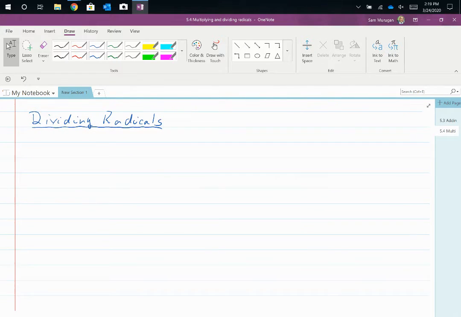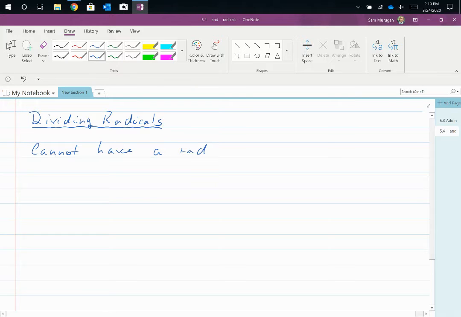The general rule here is that we cannot have a radical on the denominator. So we use a process called rationalization to fix this.